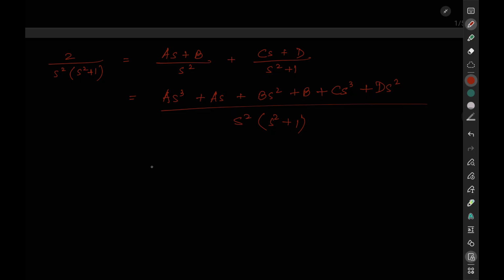The coefficient of s cube is 0 on both sides, so a and c sum up to 0. Then the coefficient of s is also 0, so a is 0. Then the coefficient of s square is 0, so b and d sum up to 0. And the constant term is 2, so b alone will be equal to 2.